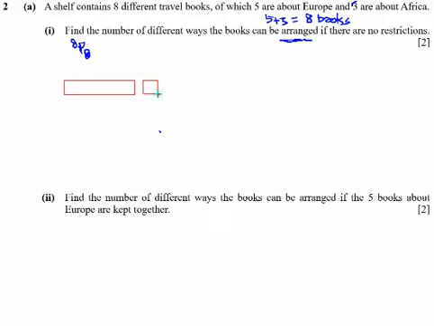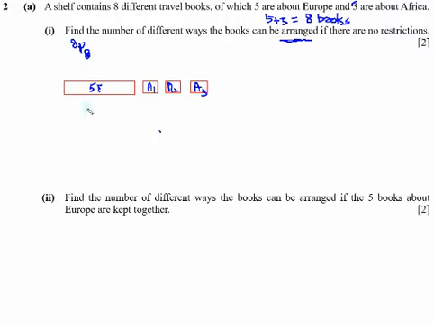Then you have the Africa books, Africa book 1, Africa book 2, Africa book 3, okay? So this is 5 Europe books. This is Africa 1, Africa 2, Africa 3.